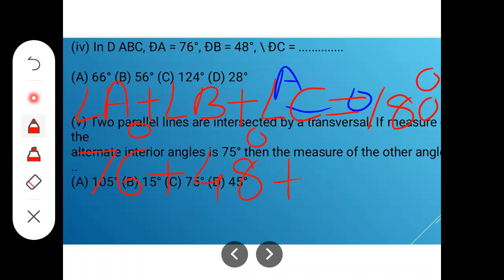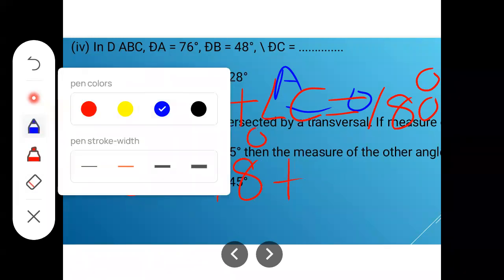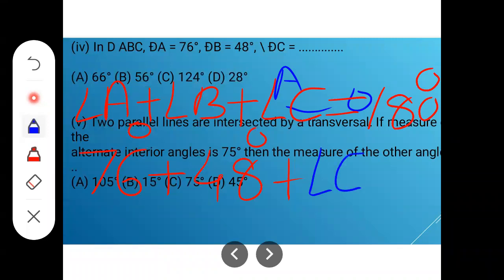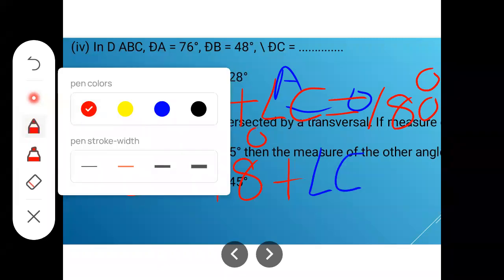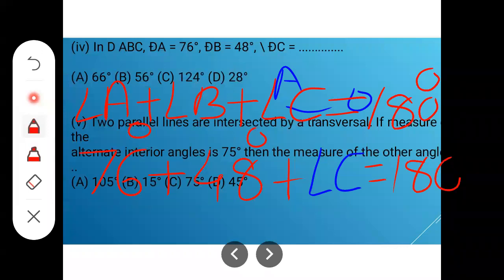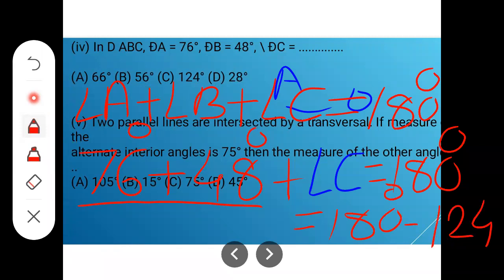As we have to find angle C, write it as it is, angle C, and complete the equation, that is equal to 180 degrees. Now the sum of those two numbers gets subtracted from 180 degrees. In the next step, carry it properly, then I will subtract the total here, that is 180 minus 124. And what will be the answer? That is 56 degrees.